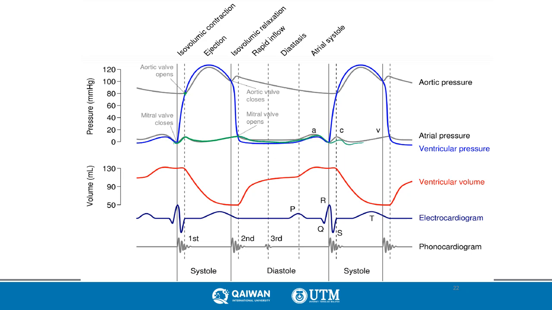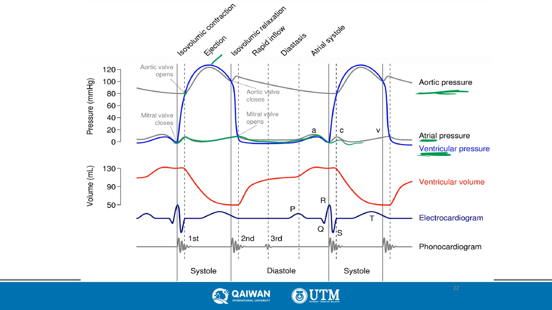We can see here that the atrial pressure is not changing so much compared to the ventricular pressure. The highest pressure will take place in the ventricles, both the left and right ventricles. And also the aortic pressure is changing with the change in the ventricular pressure.